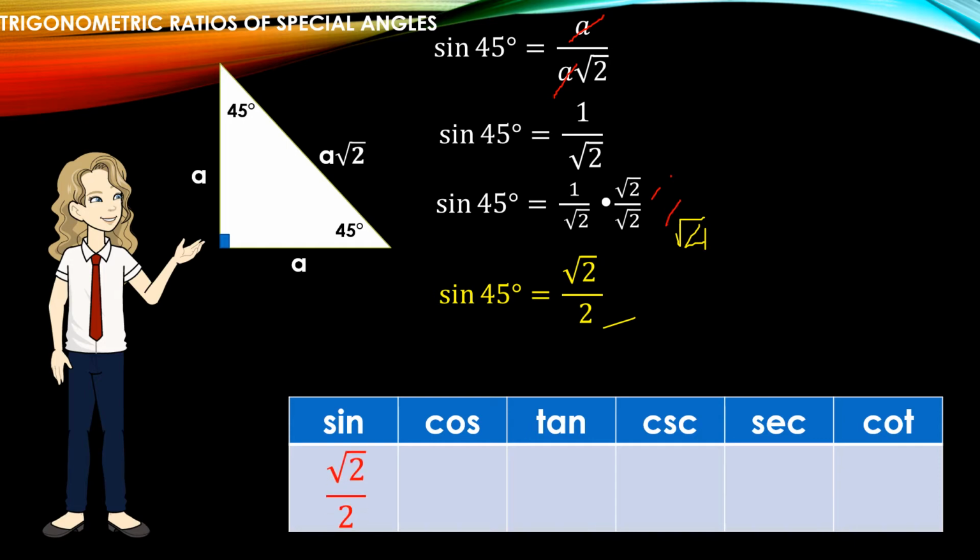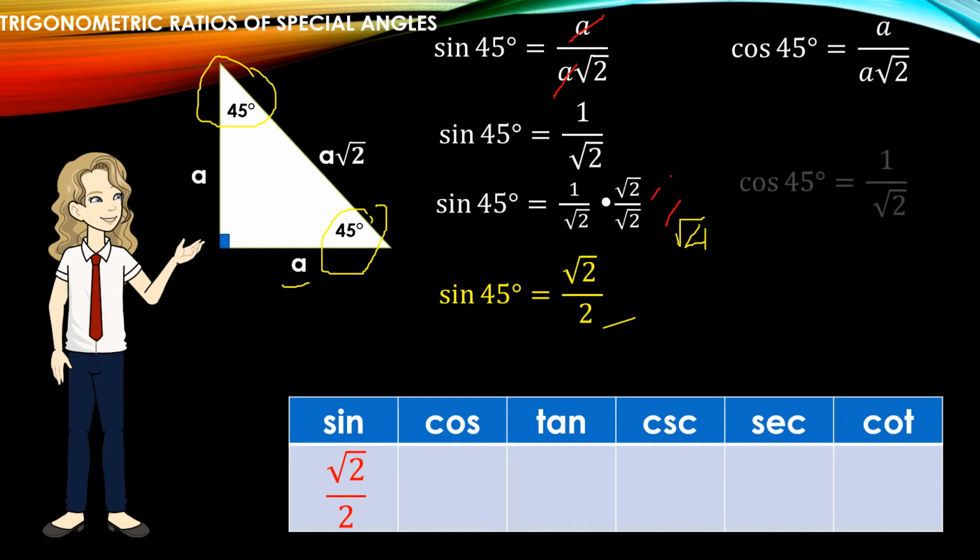So let us write the value of sine 45. How about cosine 45 degrees? So this is 45 degrees, right? You can also use this one because they are the same 45 degrees. Cosine 45, so cosine is adjacent over the hypotenuse. So we have A over A square root of 2, the same as sine 45.